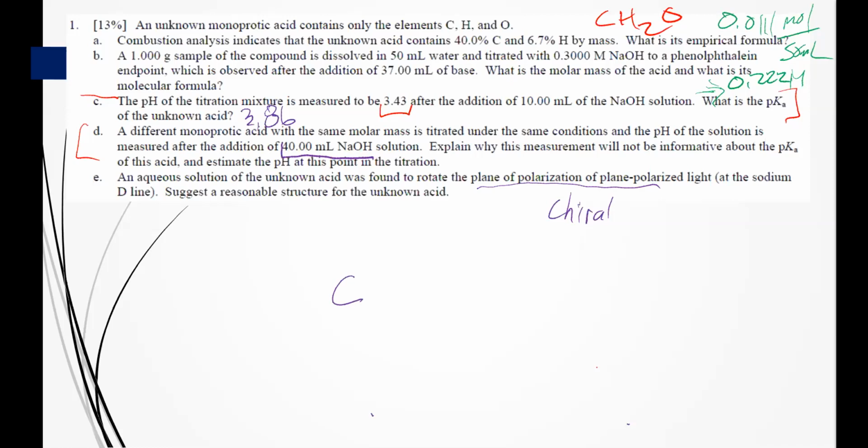If we're looking for a chiral carbon, what does that carbon need to do? It needs to connect to 4 different things.